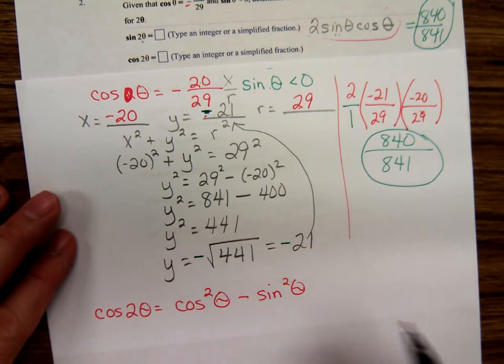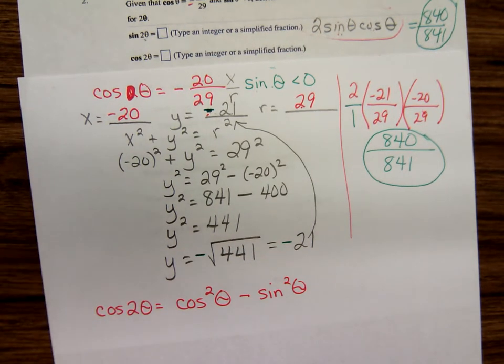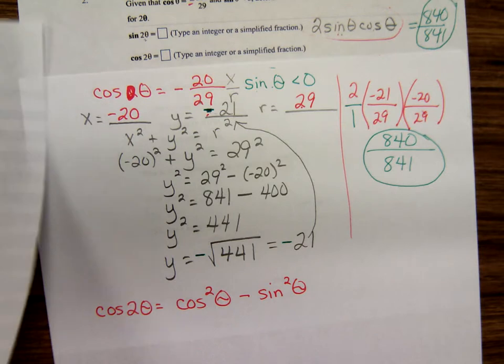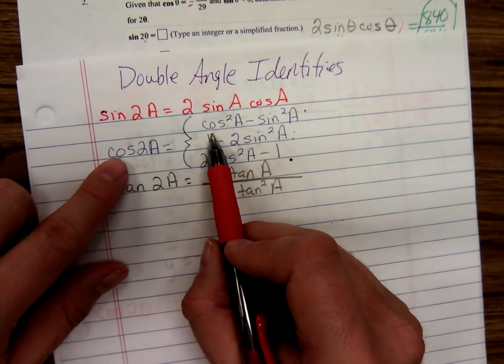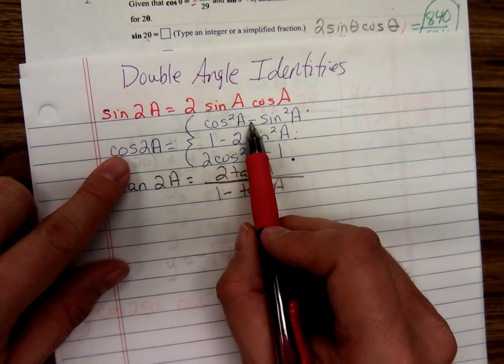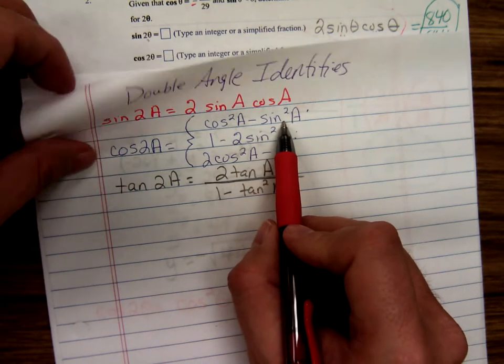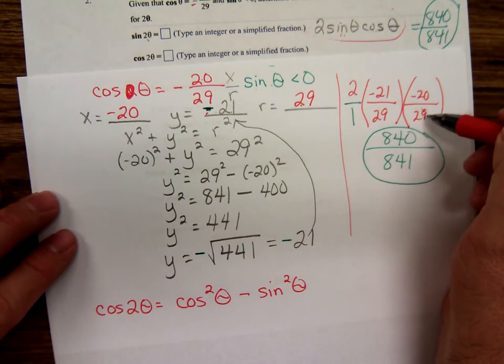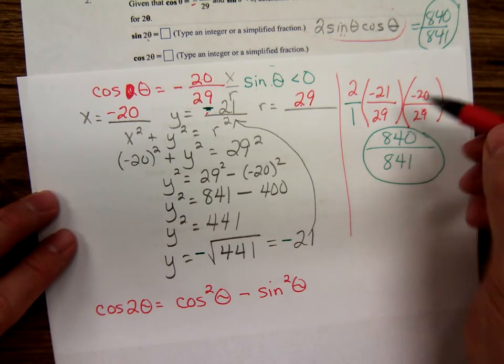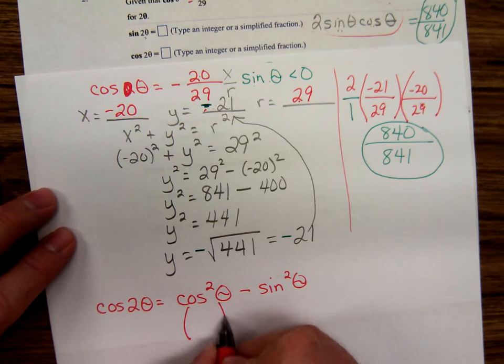So I'm using the first double angle identity for cosine. See, for cosine 2a or 2 theta, I'm using cosine squared theta minus sine squared theta, because we just found sine theta and cosine theta. With those squares, it's going to work out really nice.